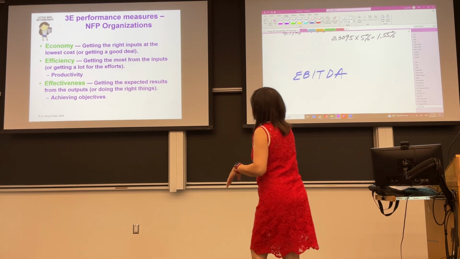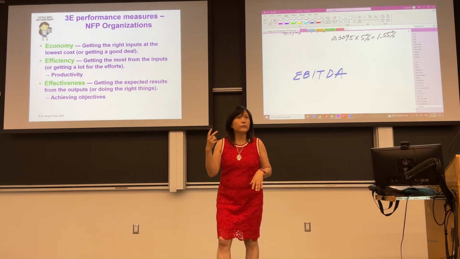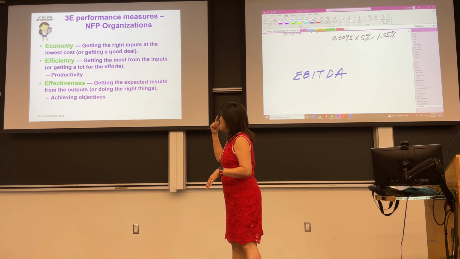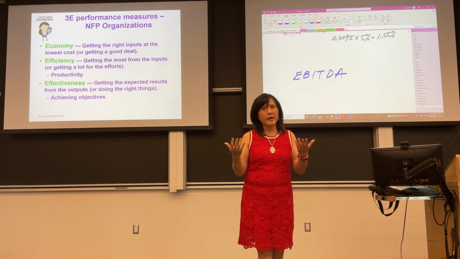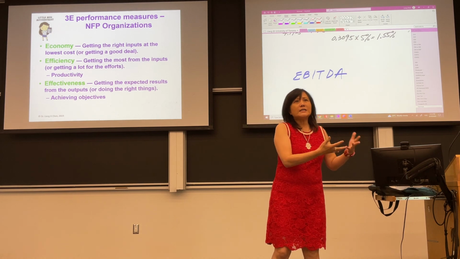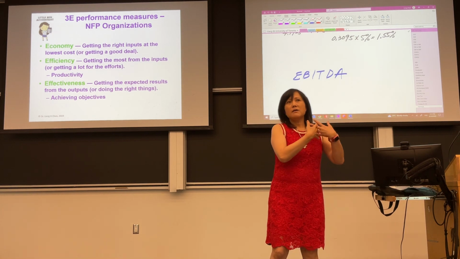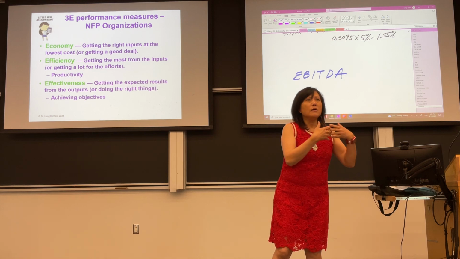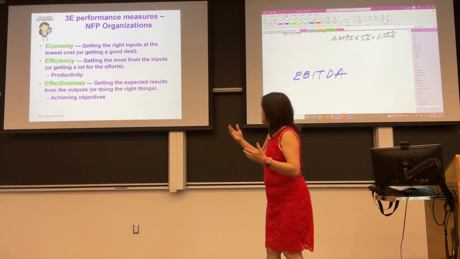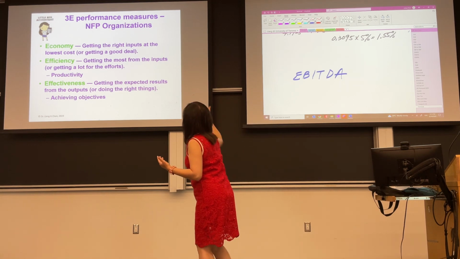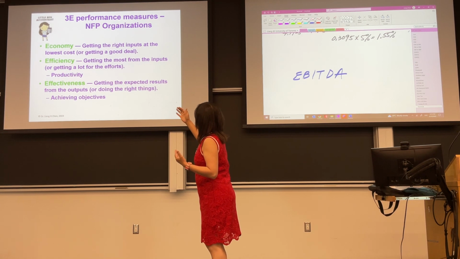So we use something called 3 E's. Number 1 is called economy. So basically, if you're a not-for-profit organization, what's the least expensive, most economical resources you can get to serve, to get a good deal, basically.